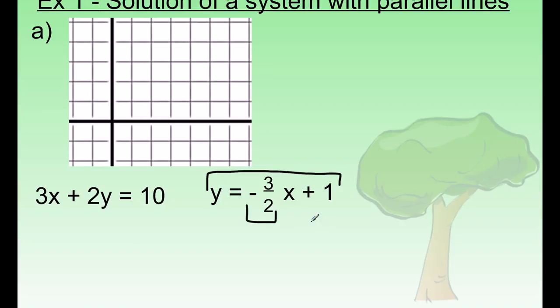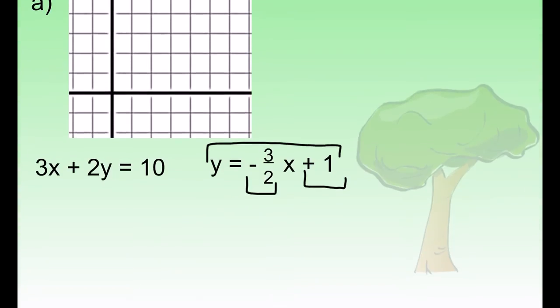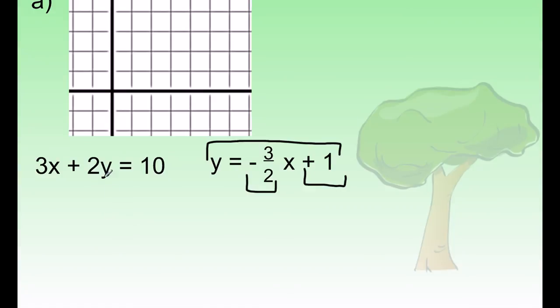This is our slope. This is our y-intercept. Let's take the second equation and put it into slope-intercept form. So we're going to solve for y. I'm going to start by subtracting 3x. We have 2y equals negative 3x plus 10. Divide by 2.